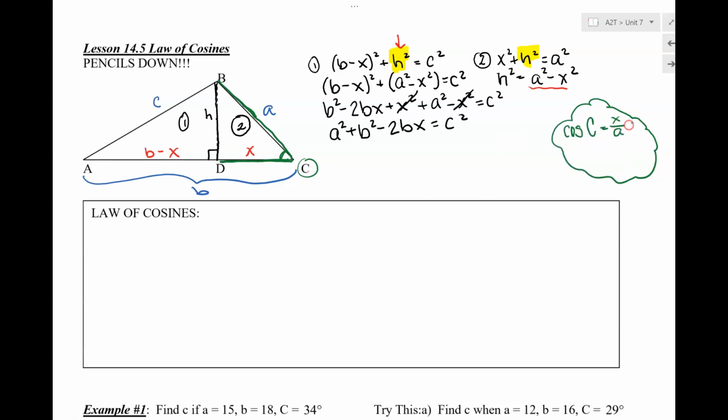And then if we multiply both sides by a, we can get x by itself. It would be a times the cosine of angle C. We could then take this value and substitute it in for x. Let's do it.